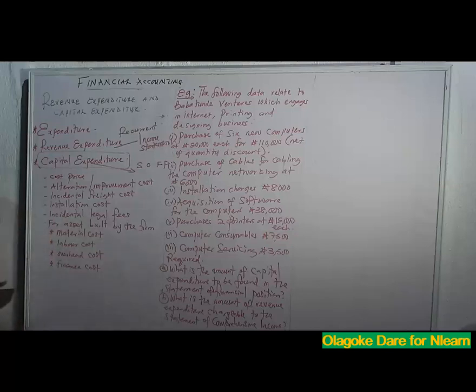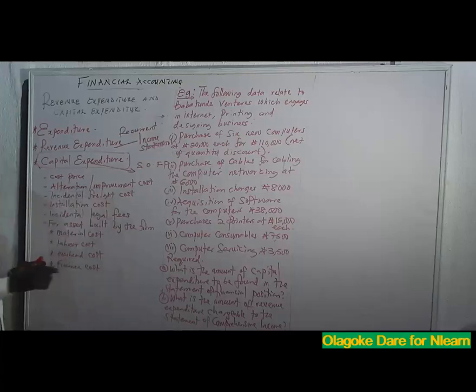Now, please note, how do we determine capital expenditure? The cost price of the item of expenditure. If you buy an item of assets, what is the cost price? How much will it take to put that asset into its position to function well?